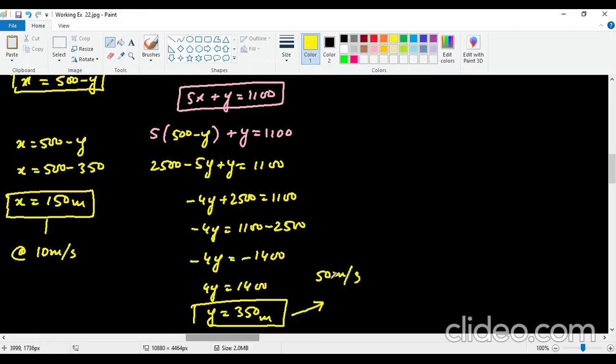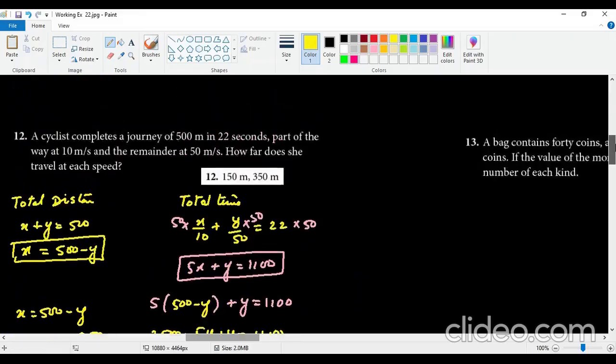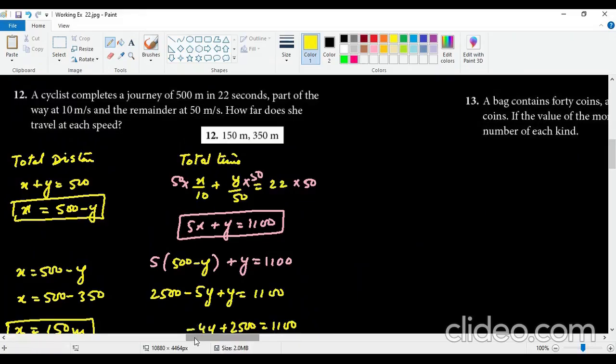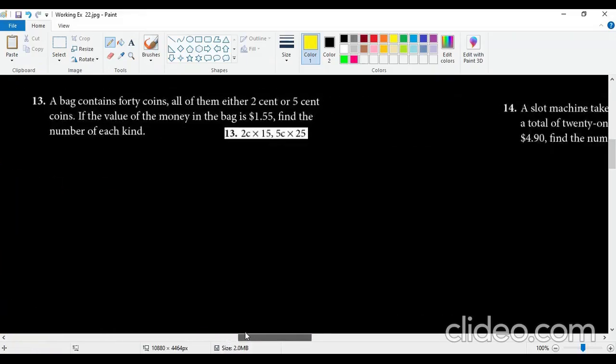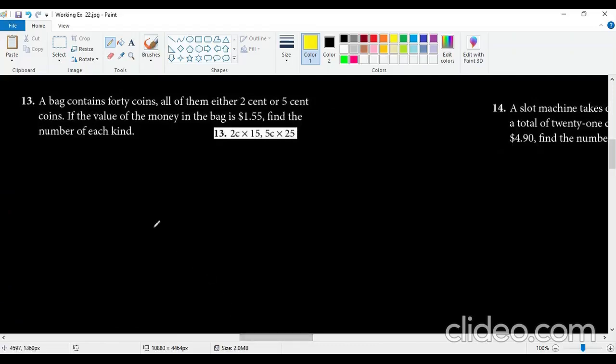Moving on to question number 13. There are two conditions. A bag contains 40 coins. That means x plus y equals 40. That means x is equal to 40 minus y. This is equation 1. And the second is total value.